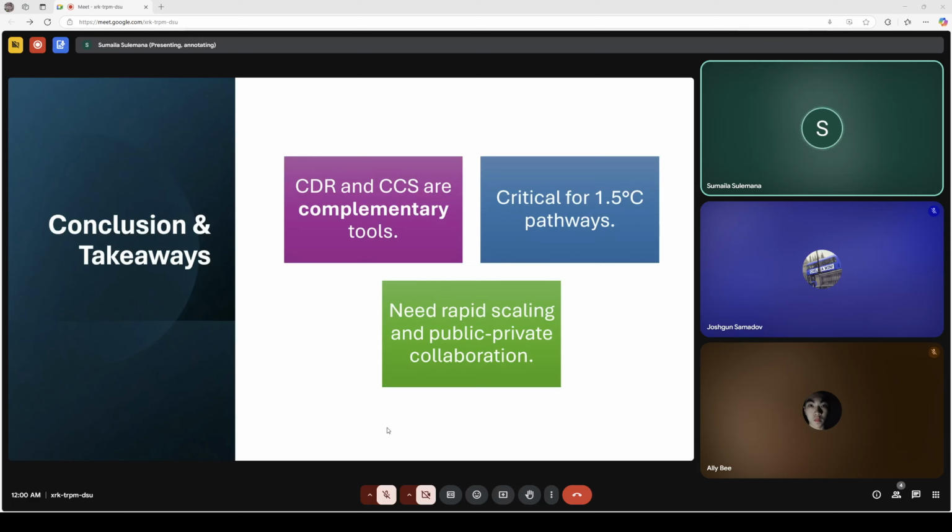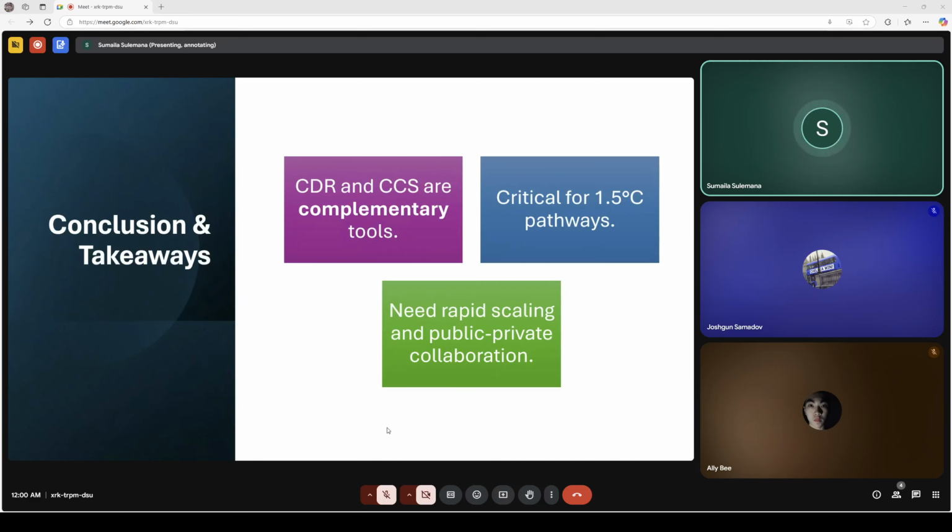So there's a need for continuous consensus building, trying to come together to find the best technology, and a need to make some of these technologies scale rapidly, which sometimes has to do with making policies that favor scaling these technologies, and the public and private sectors have to come together as one in solving some of these CDR and CCS challenges.